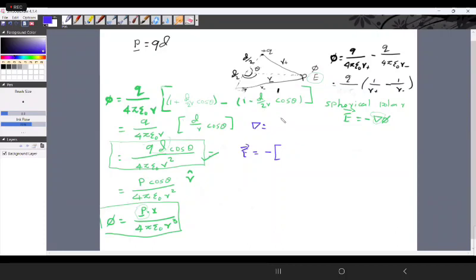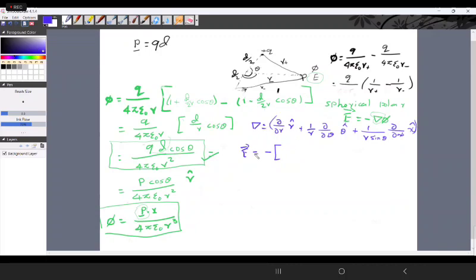Del is equal to del over del r along the r direction, plus 1 over r del over del theta along the theta direction, plus 1 over r sine theta del over del psi along the psi direction. So this is the meaning of del.